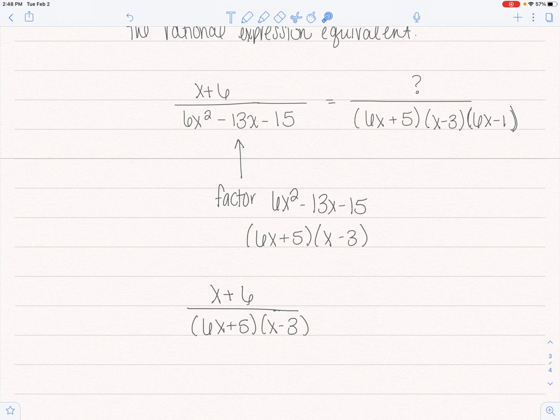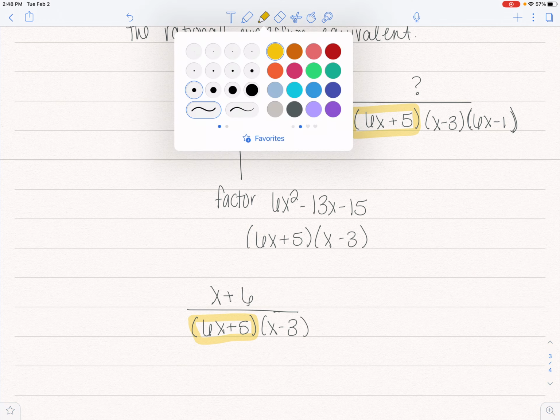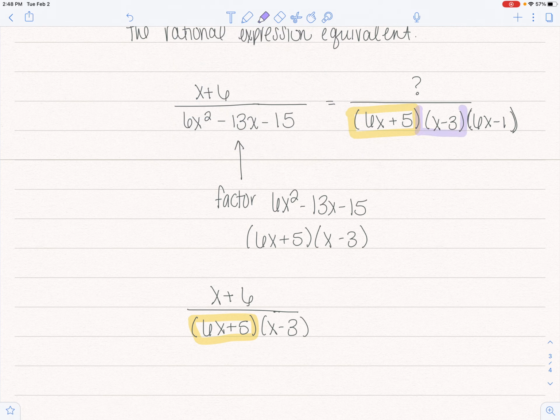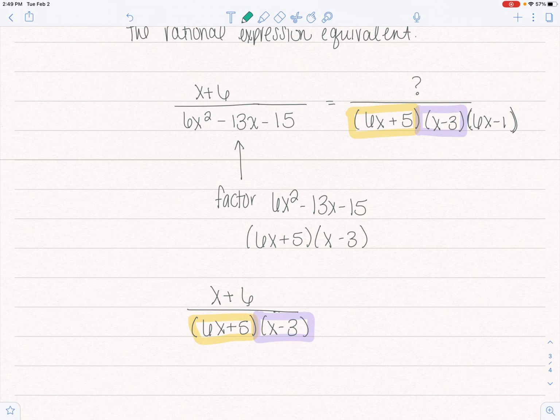So what Hawks essentially is saying is, what do I need to multiply on top and bottom by to make this fraction match this fraction? So I've got 6x plus 5, 6x plus 5. I've got x minus 3, x minus 3. So the only thing I'm missing from this fraction is 6x minus 1.